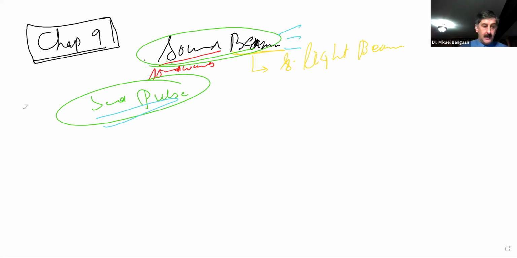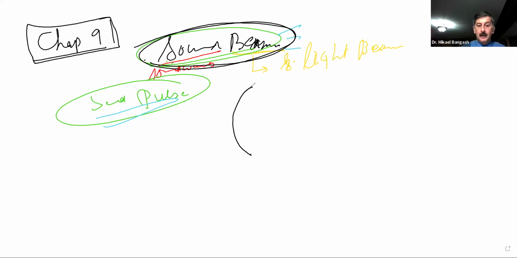So our main discussion to begin with is what a sound beam looks like, and we're going to take that as a single beam produced by a transducer, assuming that the transducer only has one single PZT.